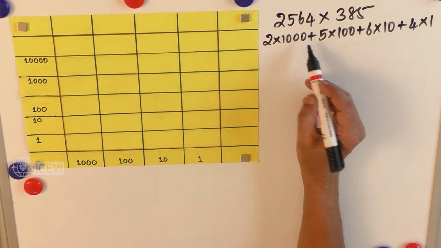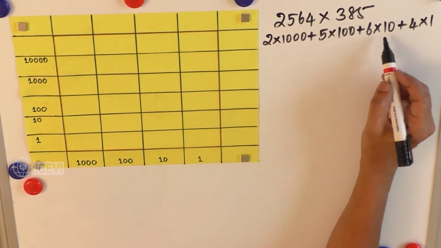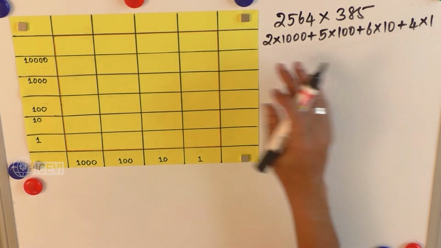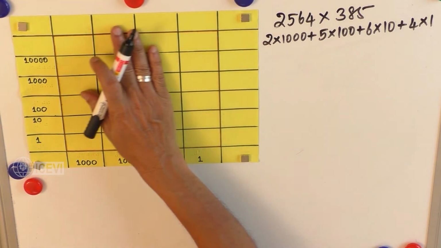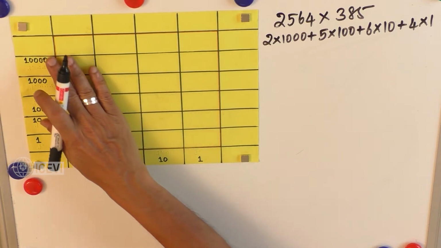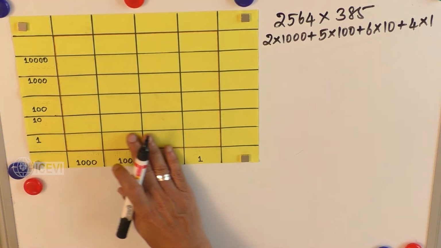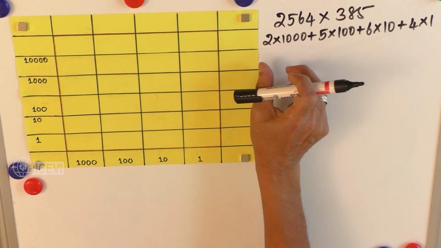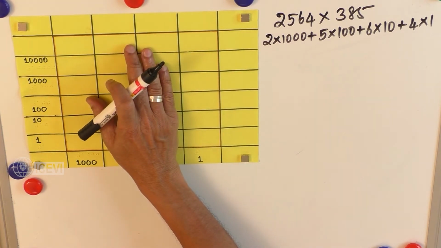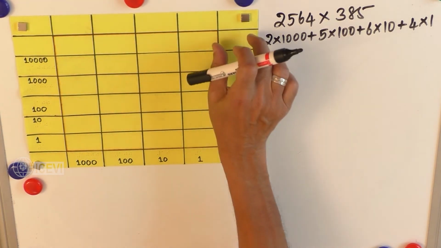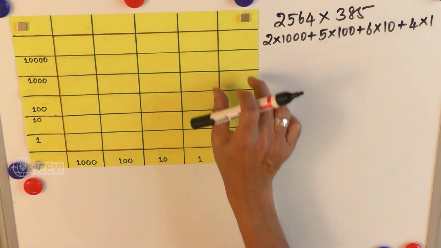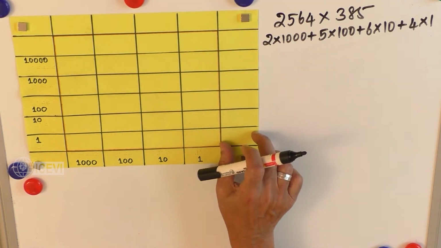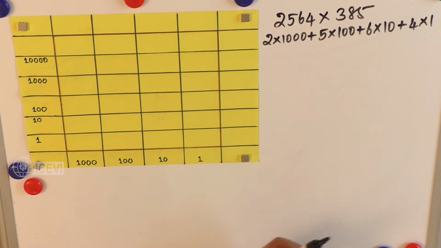So 2564. Now in this expanded template, which is customized, we have places for putting these corresponding numbers. Now on the right side we have a column for the reference number of the multiplicand.